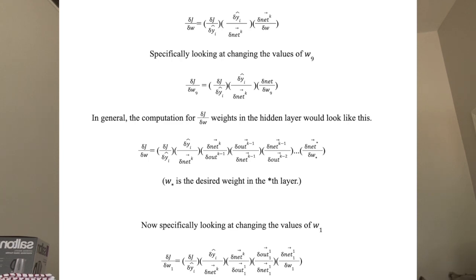In general, the computation for the partial derivative of the loss function with respect to any weight value is going to be this. The partial of the loss with respect to the actual value, the partial of the actual value with respect to the net value in the last layer, the partial of the net value vector with respect to the out value of the layer next to the last layer, and then the partial of the second last layer's out with respect to the net of the second last layer, and then the partial of the net of the second last layer with respect to the third last layer's out.